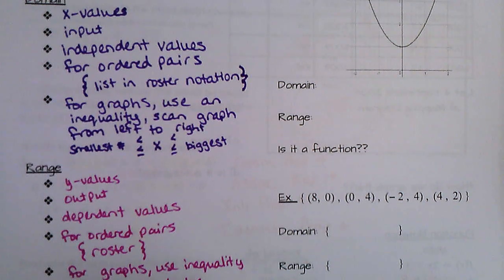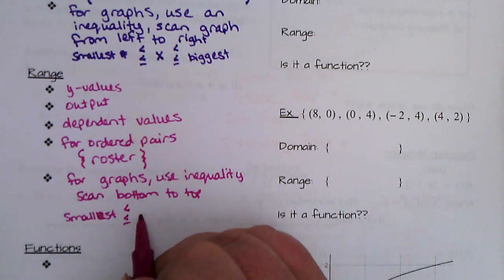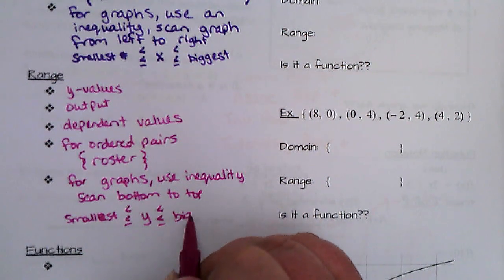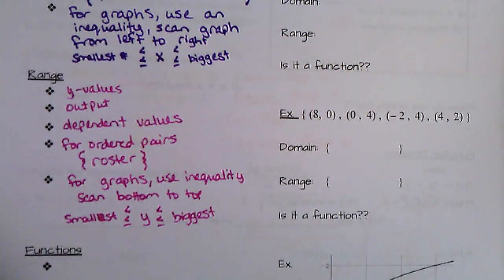And then again, we're going to use the smallest, and it will either be less than or less than or equal to, but this time it won't be x, it'll be y, less than or equal to the biggest number. Okay, so domain and range.